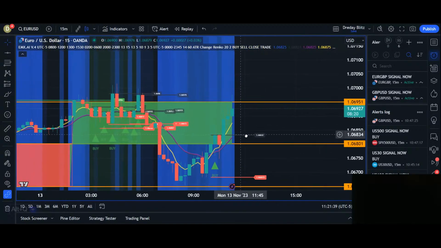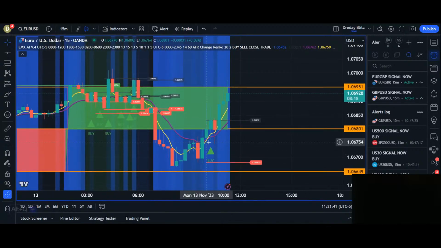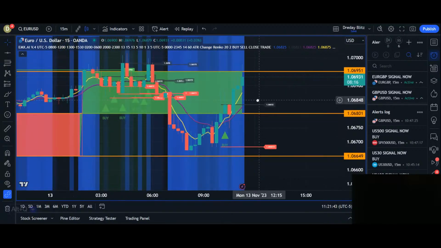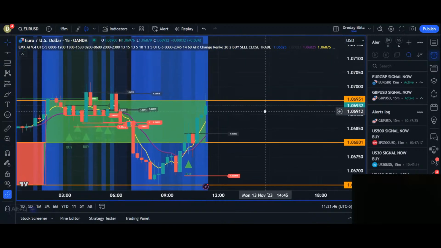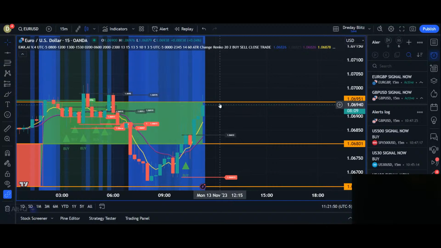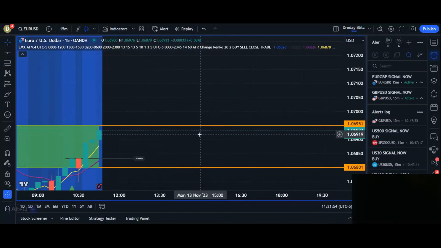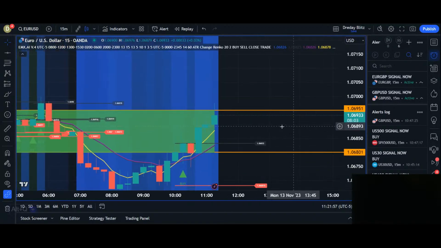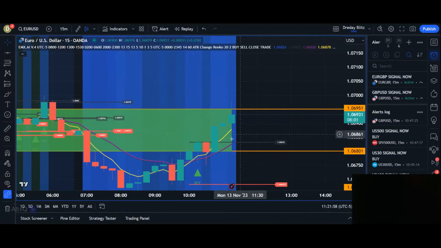Like I said, there was a buy here, stop loss right here. Then your next TP zone is here, and that's exactly where the price is right now.